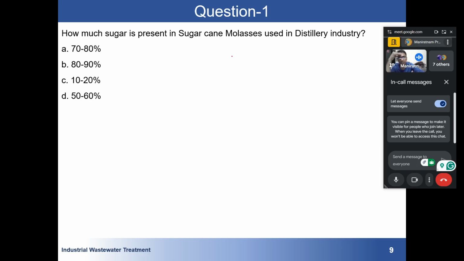I have discussed this. If you were listening to me, you can answer it. Option A is 70 to 80%, B is 80 to 90%, C is 50 to 70%, or D is 10 to 20%. Please write your answers in the chat box.